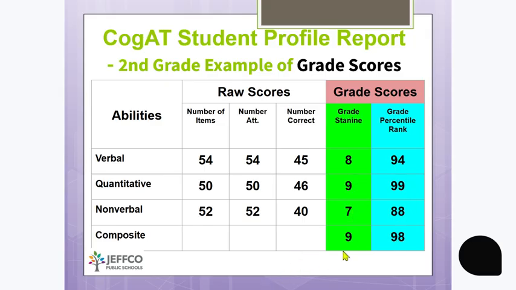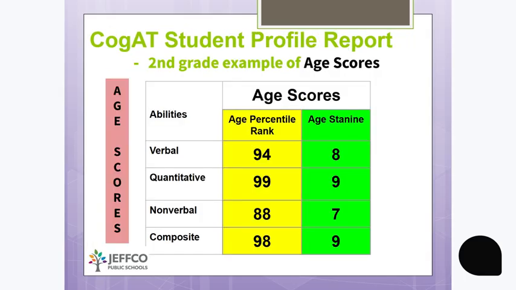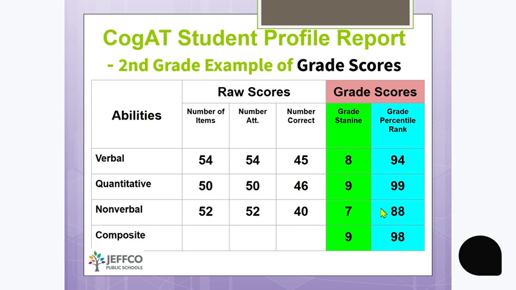That's the difference: grade is against all second graders, while age is very drilled down onto their exact age. They may be 7 and 11 months, or 7 and 4 months, so they're scored against kids with that same age profile, versus in the grade, it's just against other second graders, which is a bigger, broader group of students.